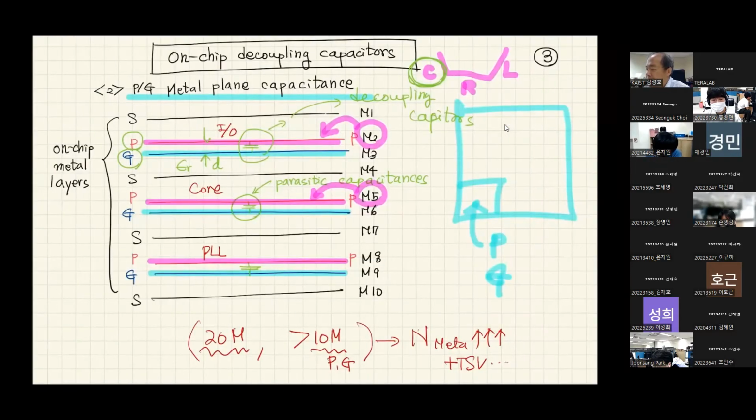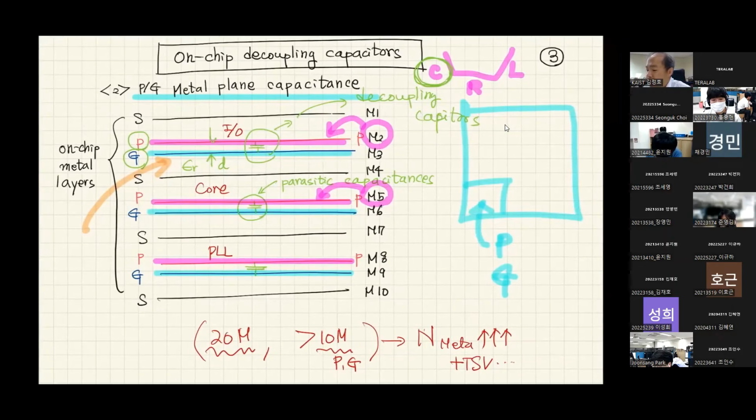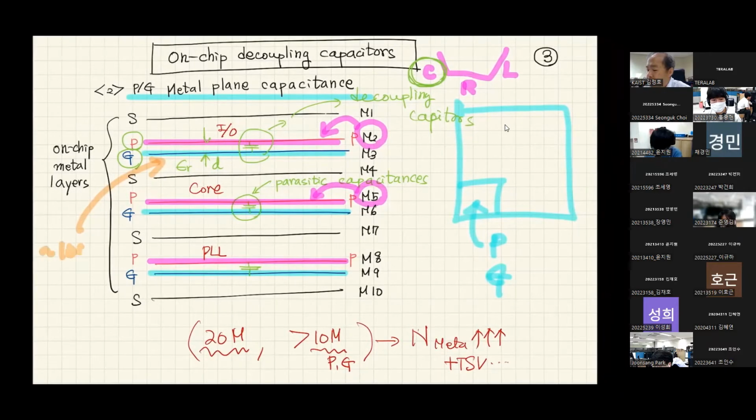In the previous slide, the thickness between the power and ground planes could be around 1000 angstrom for conventional metal-insulator-metal fabrication and stack up inside the silicon.